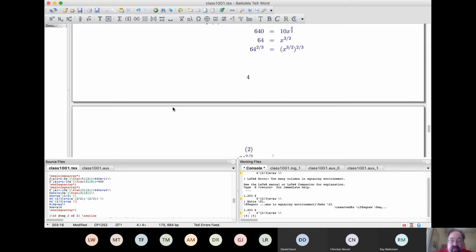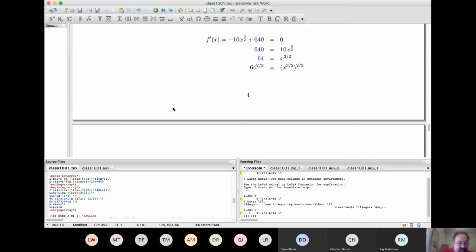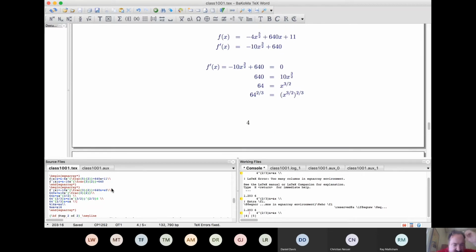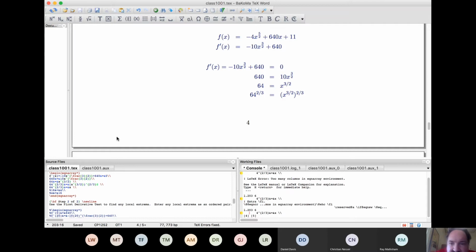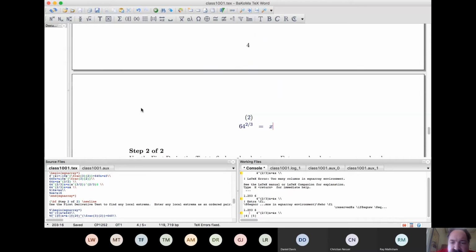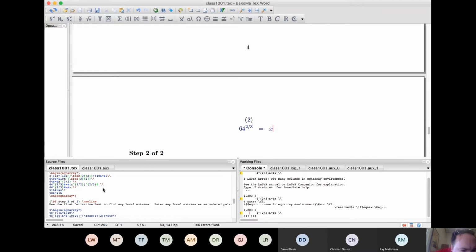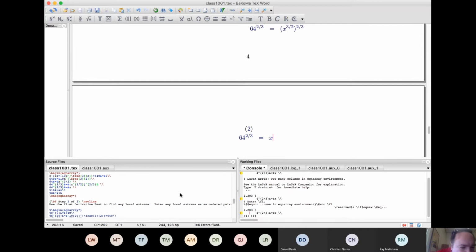Okay, where'd it go? Oh, okay. Sorry, I'm puzzled as to why that 2 in parentheses is appearing.